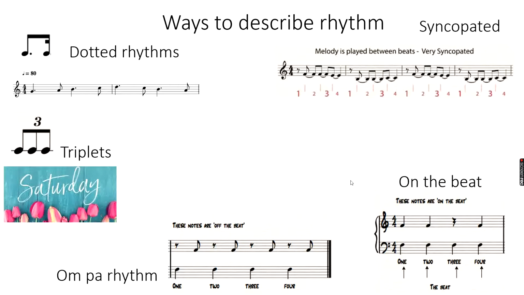So my right hand was not playing when the bass was playing. The bass was on the beat, and the right hand was off the beat. And we call it an umpa, umpa, umpa rhythm. So that combines both of them.